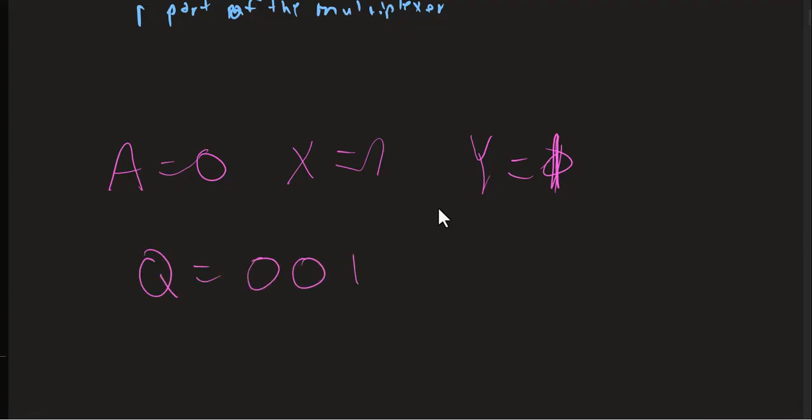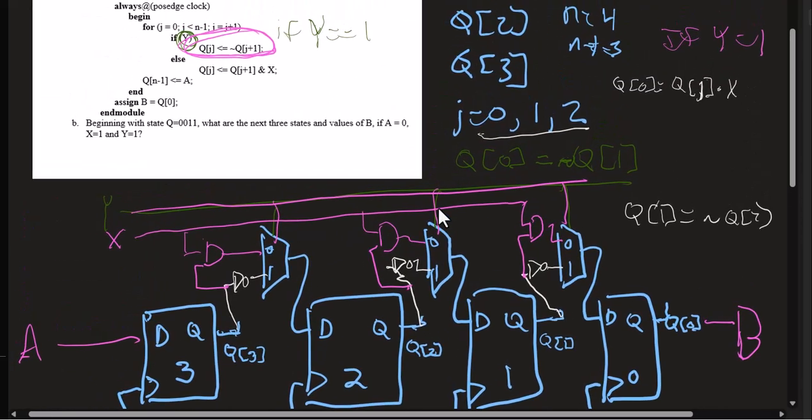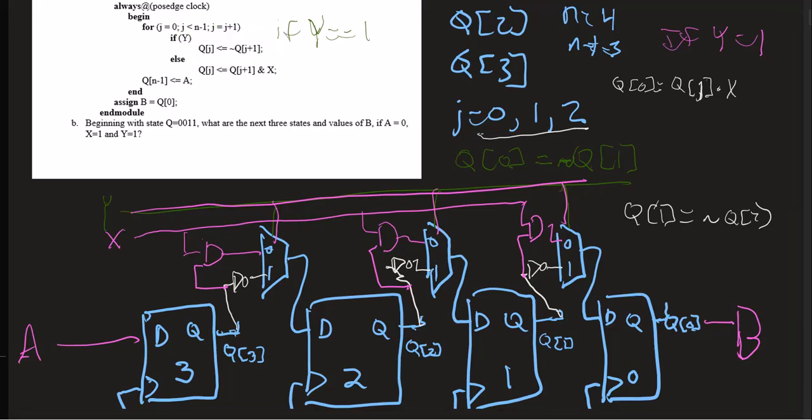Someone in the chat asked, what does J plus 1 mean? You are my hero for chiming in and letting me know that. Right here in the for loop, this is just like a for loop in C++, which I believe you've all had, except Verilog doesn't have a plus plus. So J equals J plus 1 means each time through the for loop, J goes up by 1.